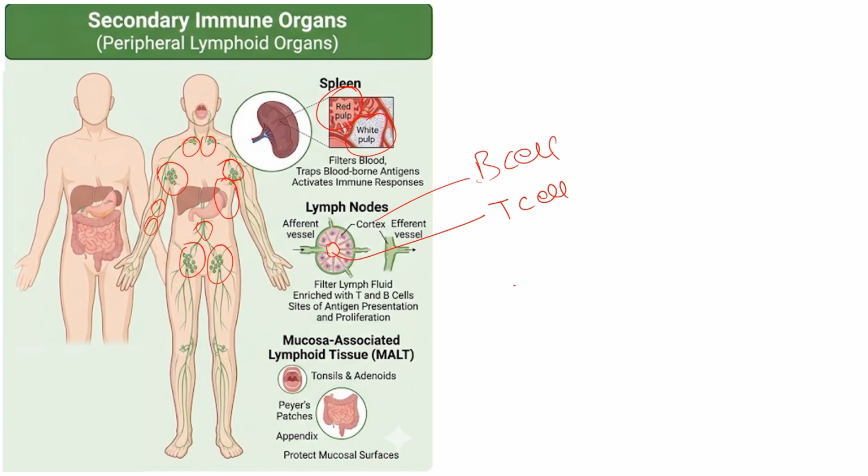Now in lymph node there are two other aspects we need to consider. One is called afferent vessels, where things are coming inside the lymph node, and then there are efferent vessels, where things are going out from the lymph node.